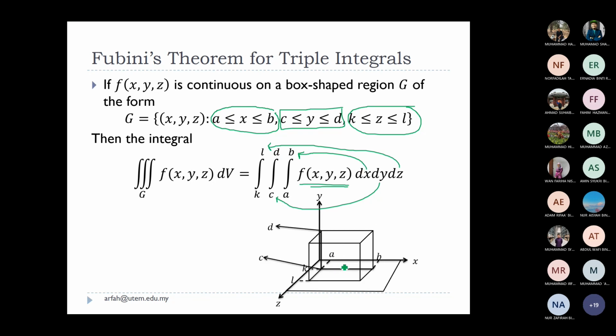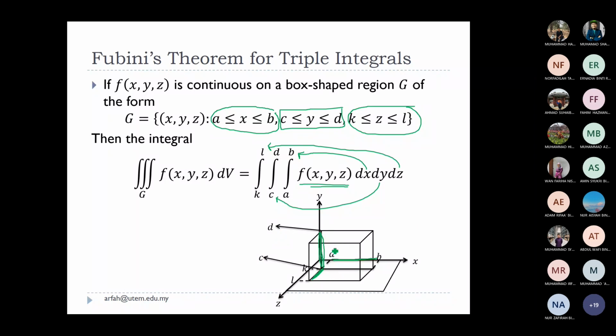So this is the form of the box, meaning that x is here from a to b. Okay, dia punya sudut yang memanjang tu, tapak dia. Okay, and then you have z between k and l, that is luas the tapak of the box, the base of the box, and then we would like to find the tinggi, the height of the box, that is y-axis, which taking the value between c and d.